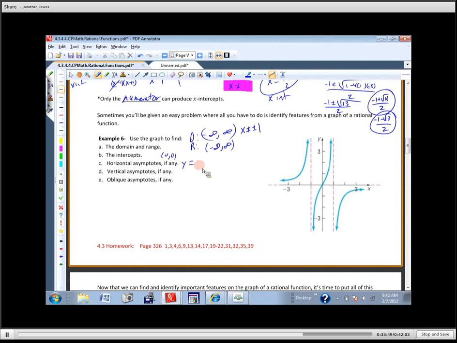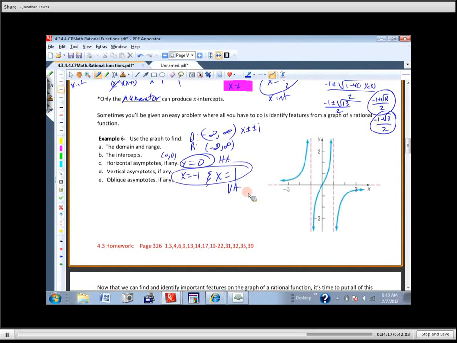It's y equals 0. Okay? Vertical asymptotes. X equals negative 1 and x equals positive 1. Those are the two vertical asymptotes. So there's the horizontal asymptote and there's the vertical asymptote.